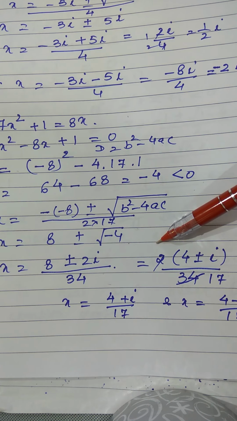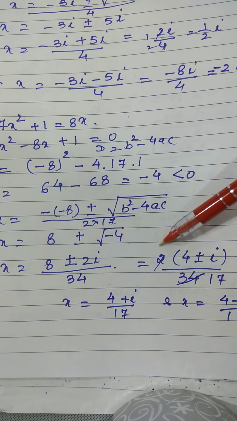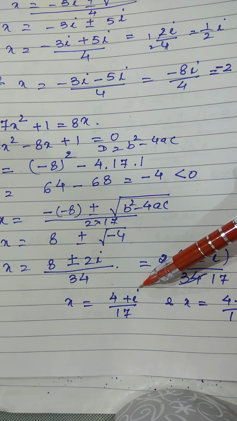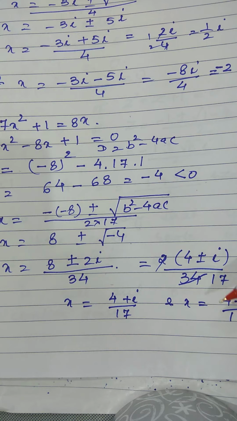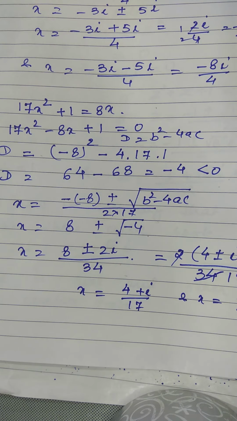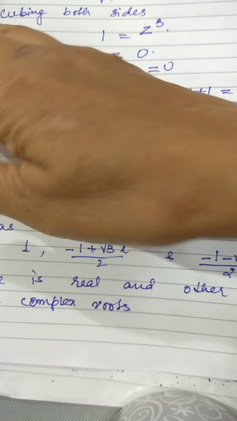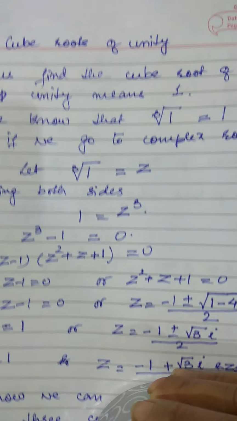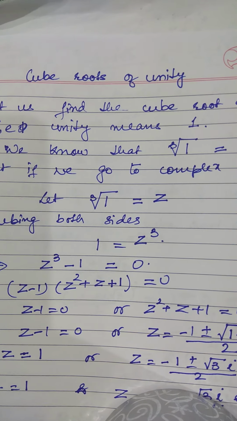Take out 2 as a common factor. So the answer is x is 4 plus iota upon 17 and x is equal to 4 minus iota upon 17.